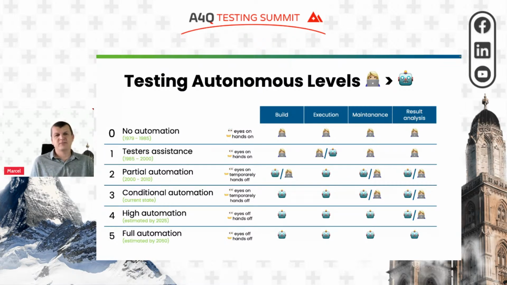But I believe automation has already proven its position in testing. I believe that test automation is valuable for us, and we know that it's not good for all activities. But the idea of autonomous testing is to bring that automation even into areas where I would say we didn't find a way to apply it.